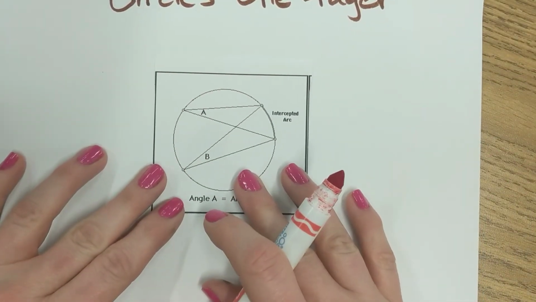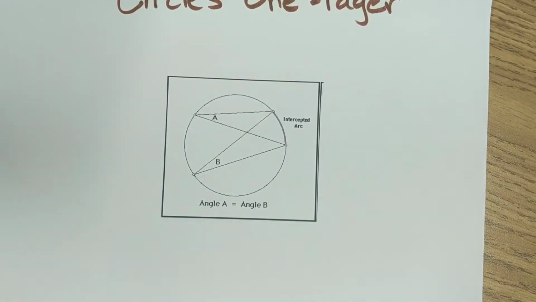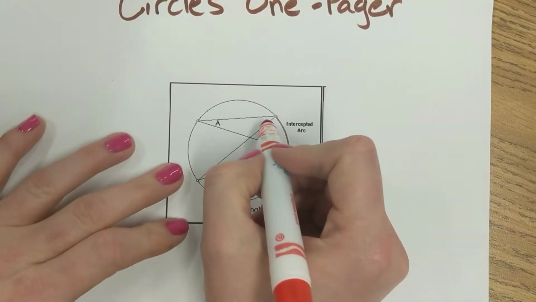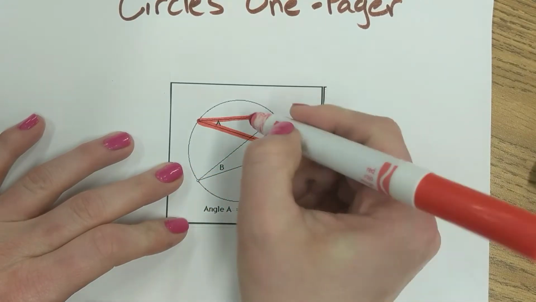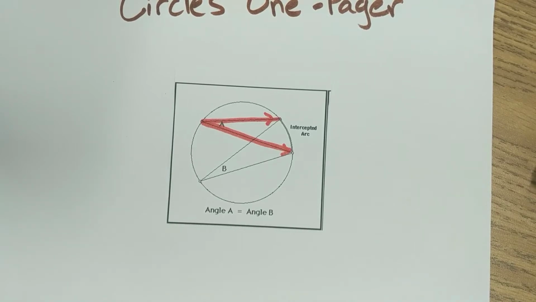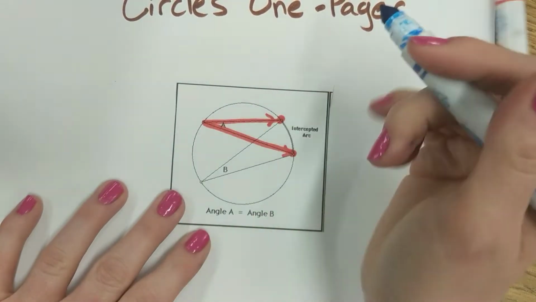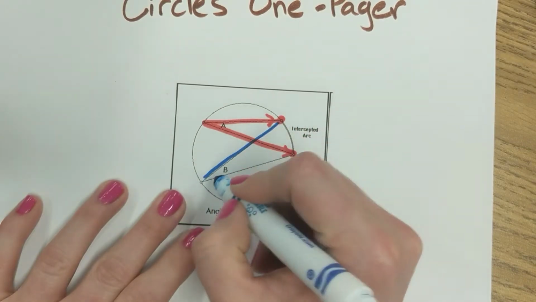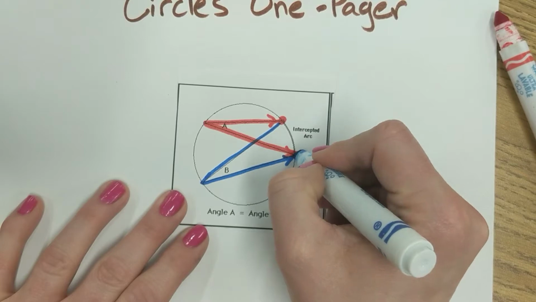The next one says angle A equals angle B. You can see angle A right here is going to point at these 2 points on the circle, right here to right here. And angle B is going to point to those same 2 points.